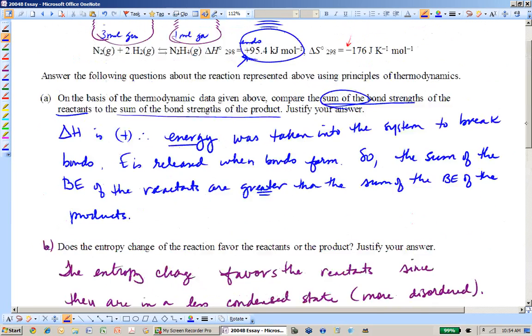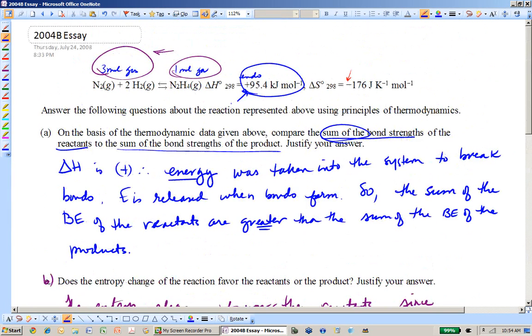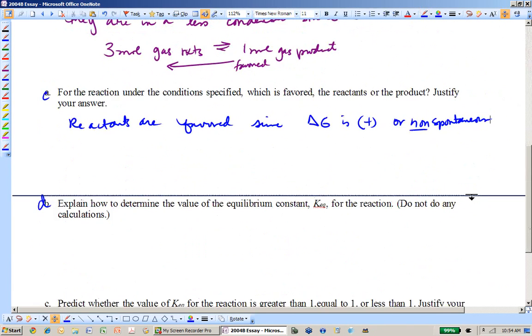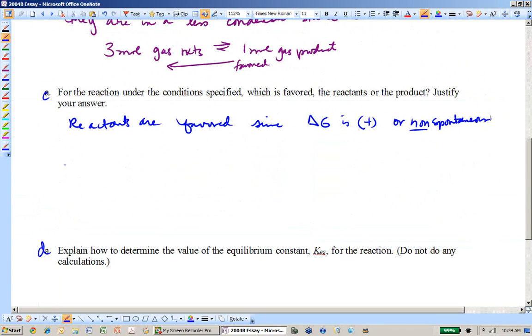How do I know that? Back up to the top. I don't know that. I have to figure that out. Delta G equals a positive delta H, that I do know, minus T, which I know is positive, and a negative delta S, because they gave us that too. All right, so what does that mean?